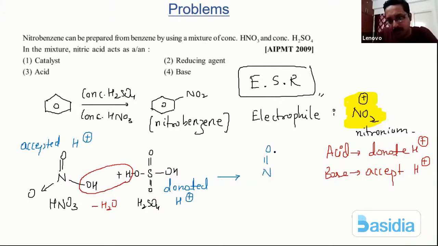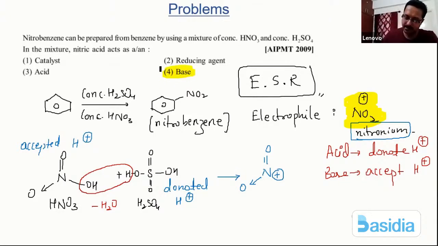N double bond oxygen and a coordinate bond oxygen, and nitrogen gets a positive charge, which is nothing but your nitronium ion. So according to the mechanism we have just seen, I clearly understood that the HNO3 is actually acting as a base.